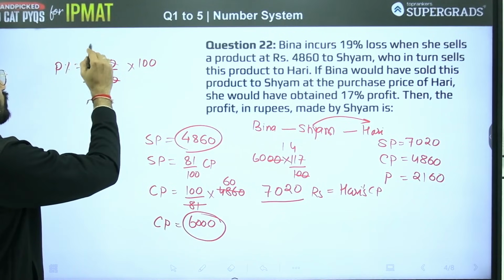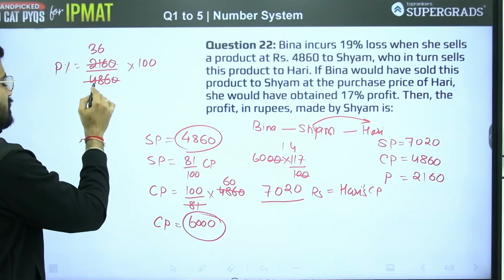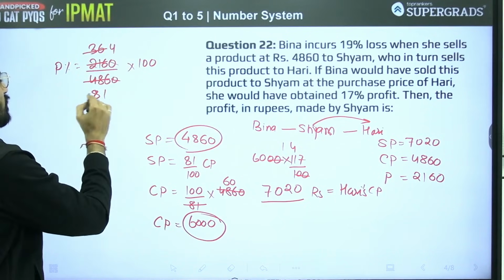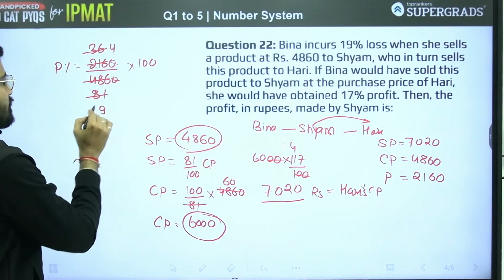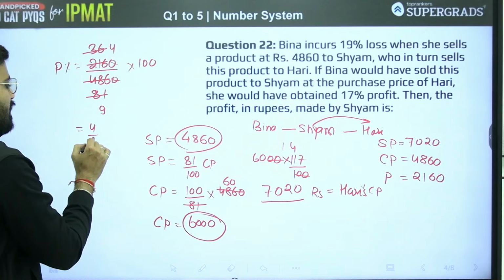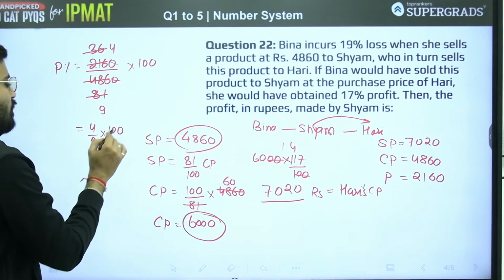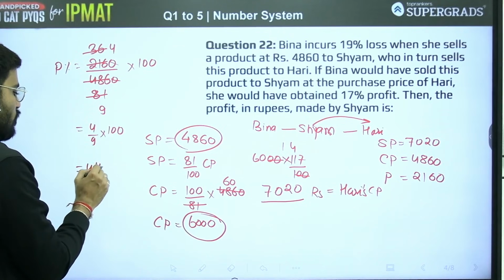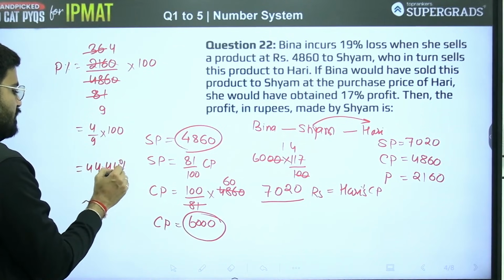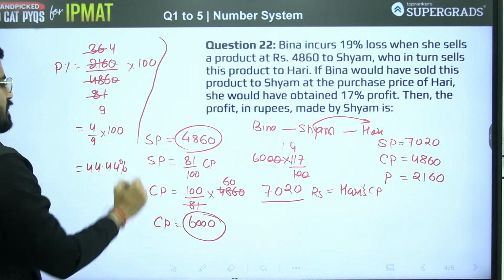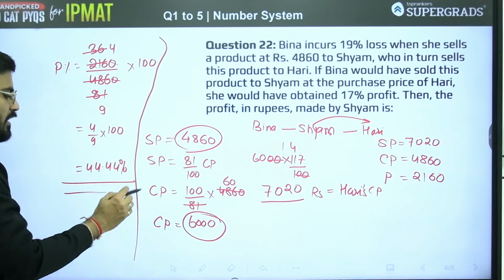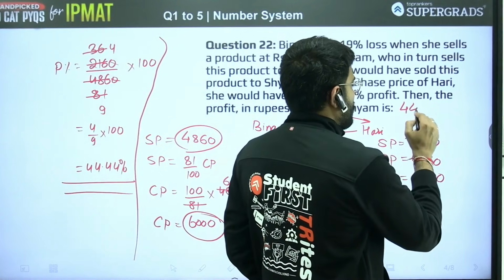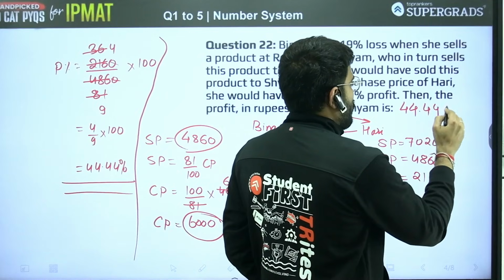So this becomes 36. This is 6 into 8, 81. Now it cancels by 9, and this becomes 4 by 9 into 100. 1 by 9 is 11.11. 4 by 9 is 44.44%. So this is how we solve this part. So the answer is 44.44%.